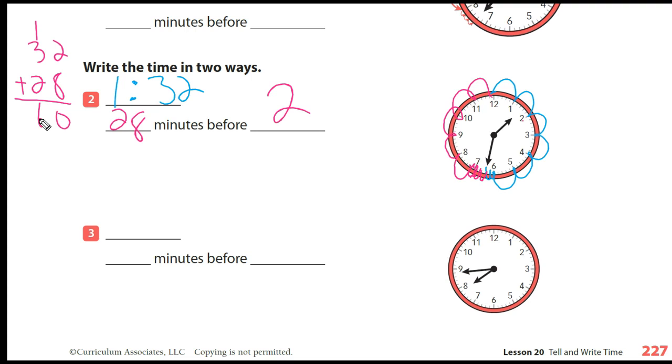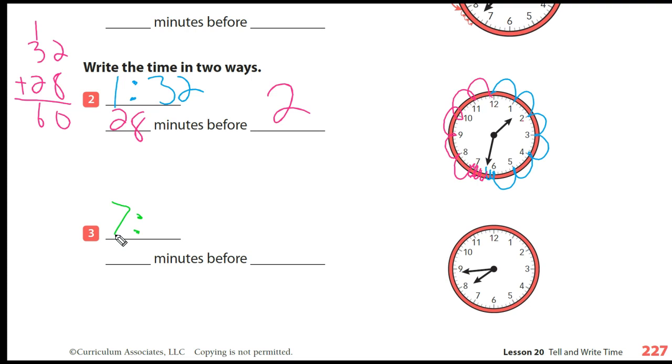How about the bottom one right here? What number is the hour hand pointing between, what 2 numbers? 7 and 8. So what time would it be? 7, because it's not past the 8 yet. And it looks like it's one mark below 9, right?